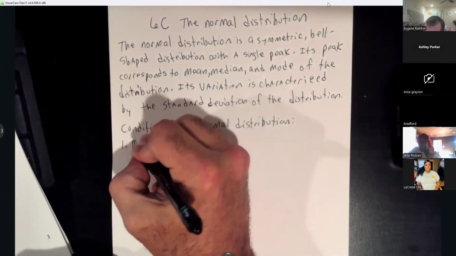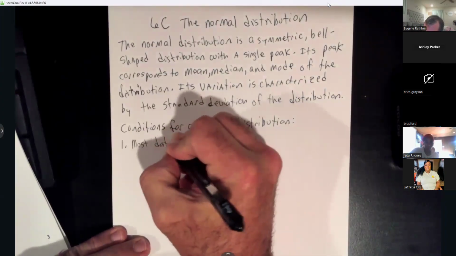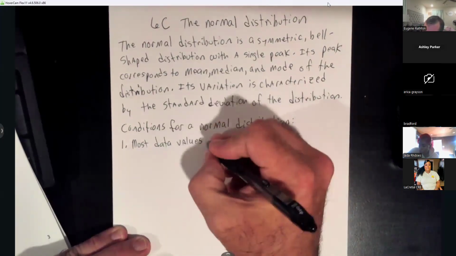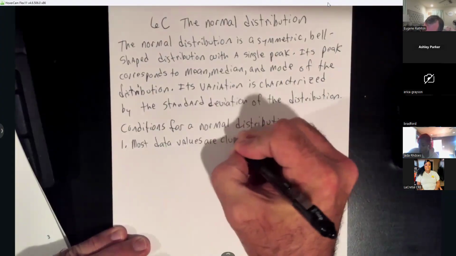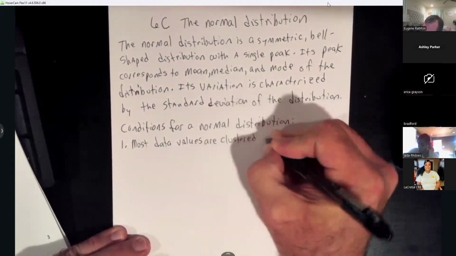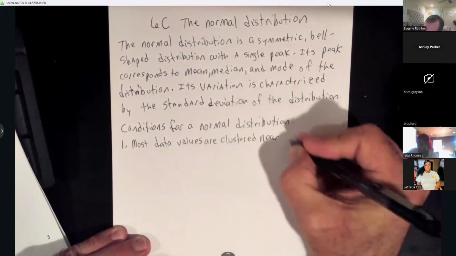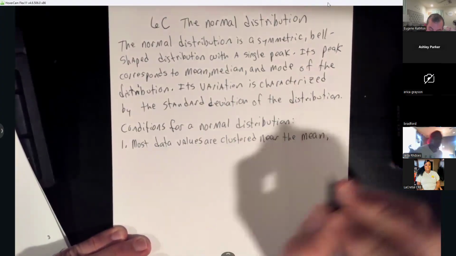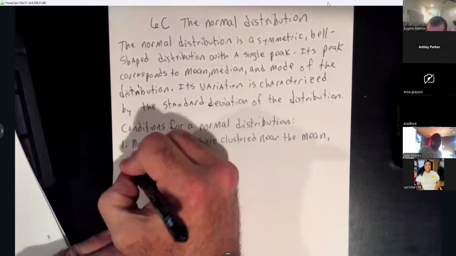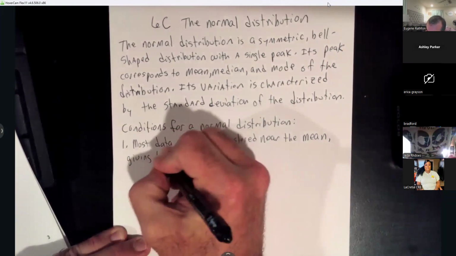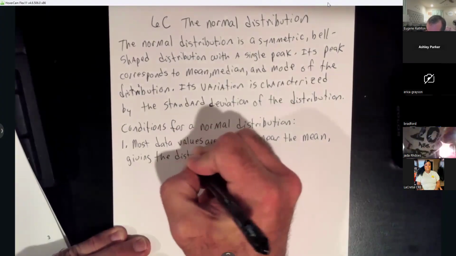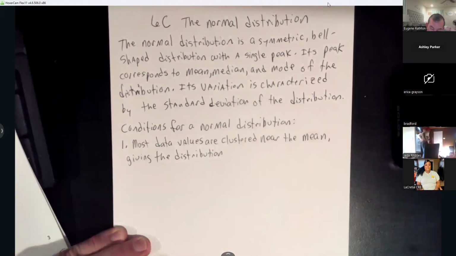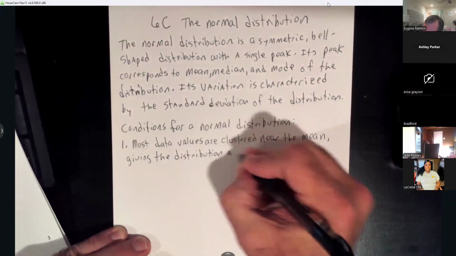So most data values are clustered near the mean, giving the distribution a well-defined single peak.